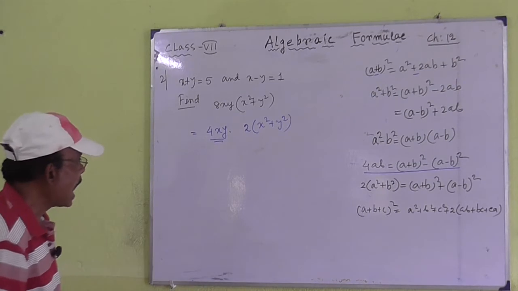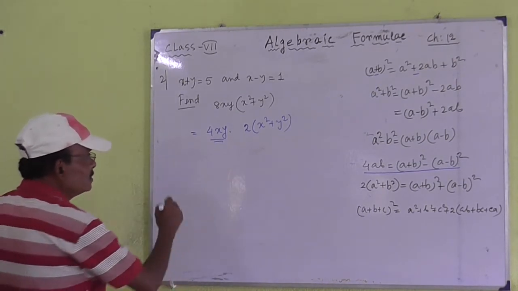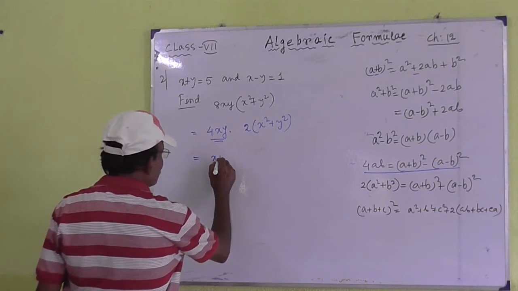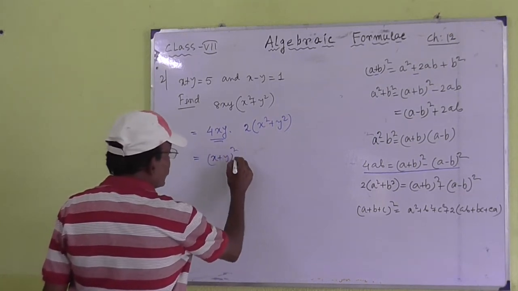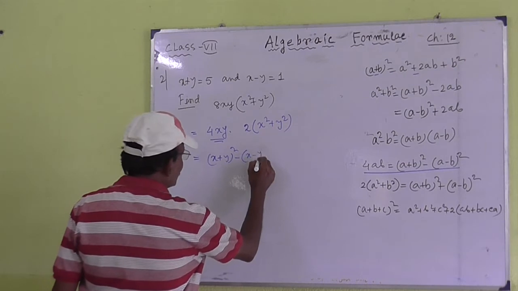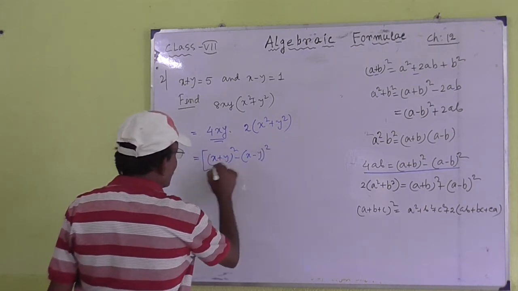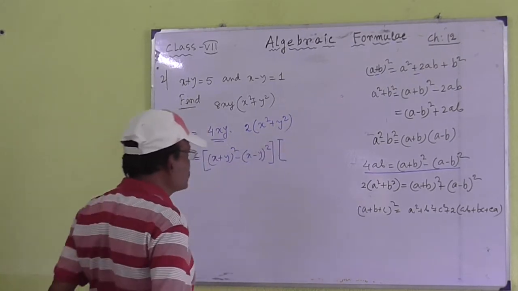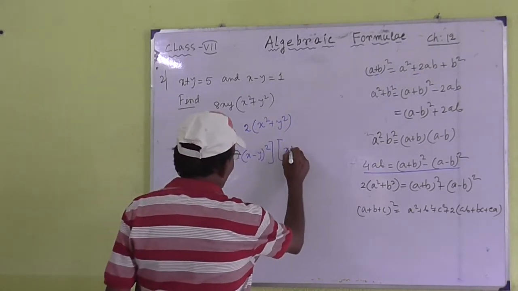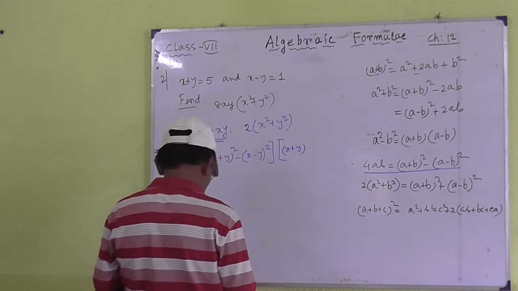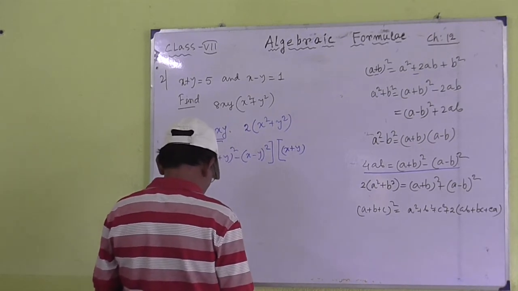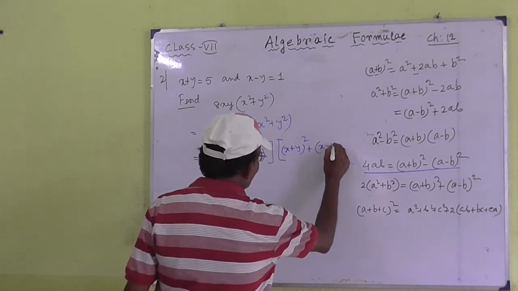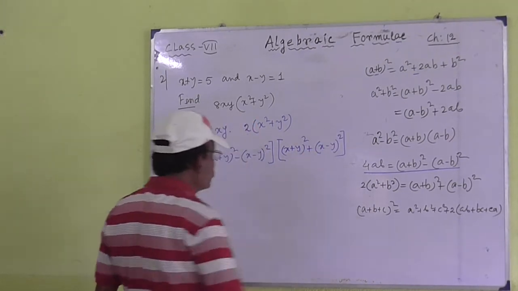What is the formula here? 4xy means x plus y whole square minus x minus y whole square. 2 into a square plus b square will be x plus y whole square plus x minus y whole square.